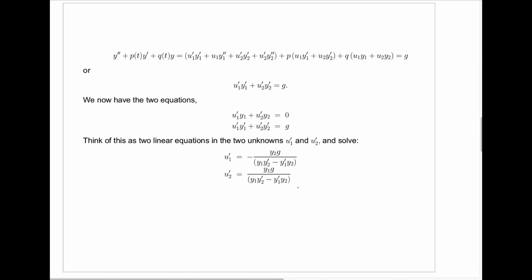Well, here's what we get when we plug them in. y double prime plus p of t y prime plus q of t y is this. This is y double prime plus p of t. I've left off the t's here, so that p is p of t. This is y prime.